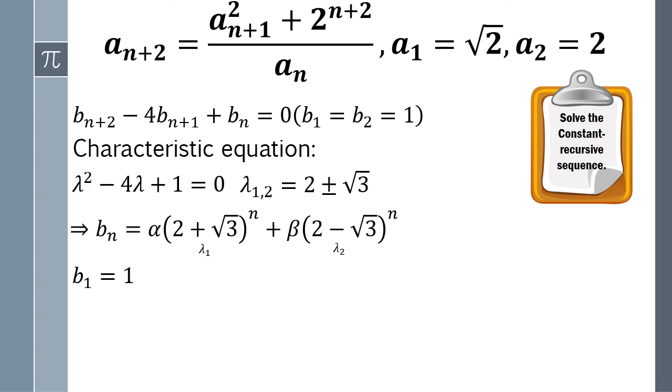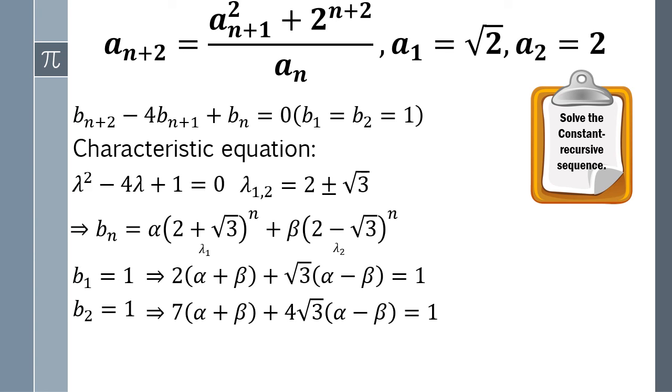If n is 1, from b_1 equals 1, we can get one equation about alpha and beta. If n equals 2, from b_2 equals 1, we can get another equation about alpha and beta.